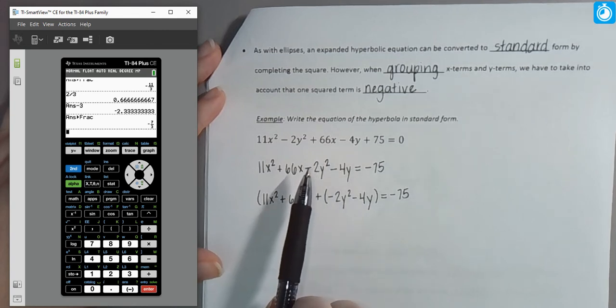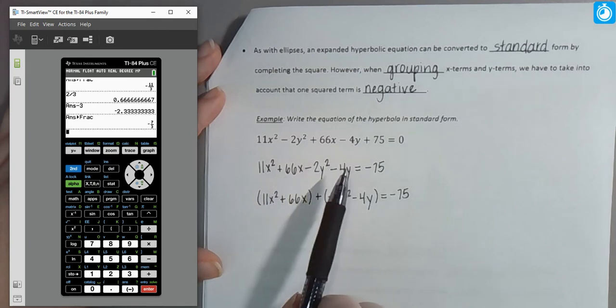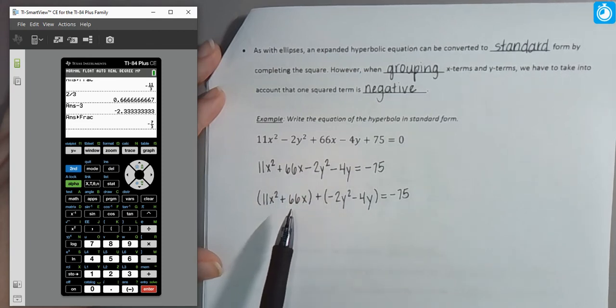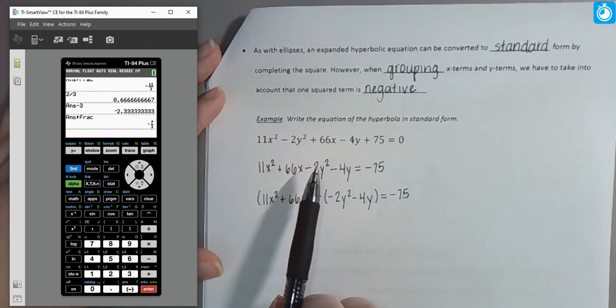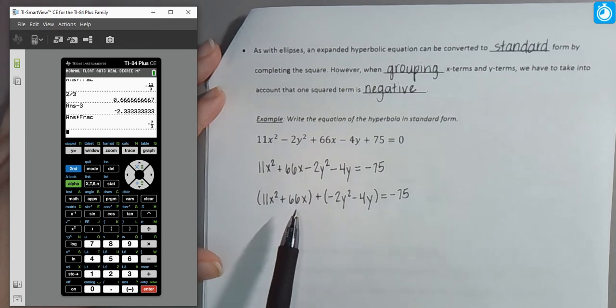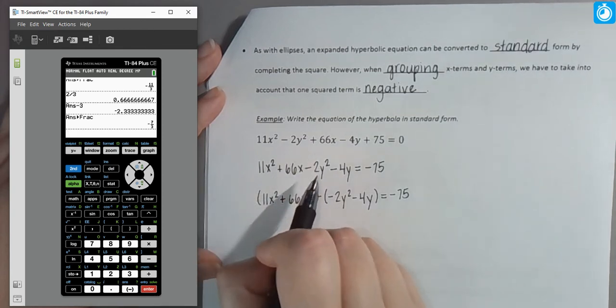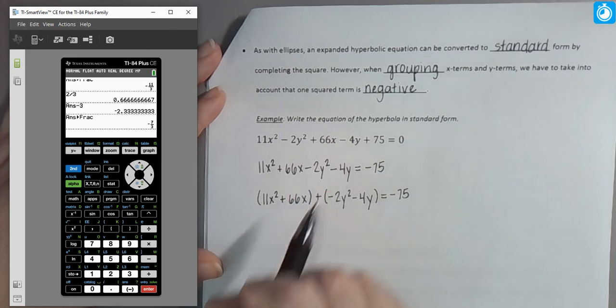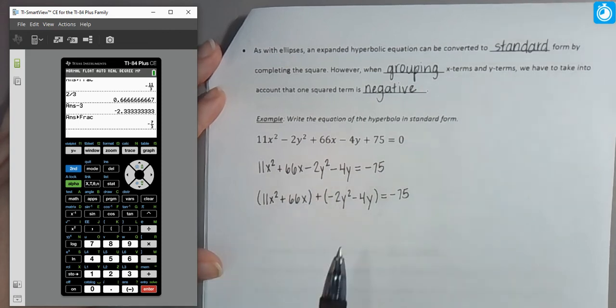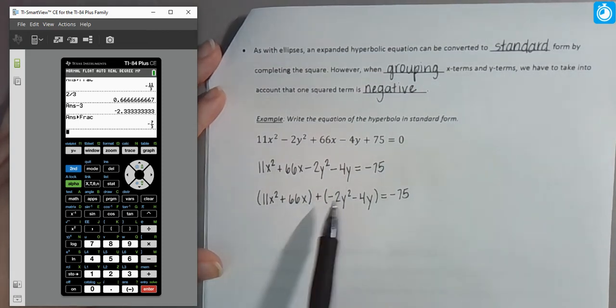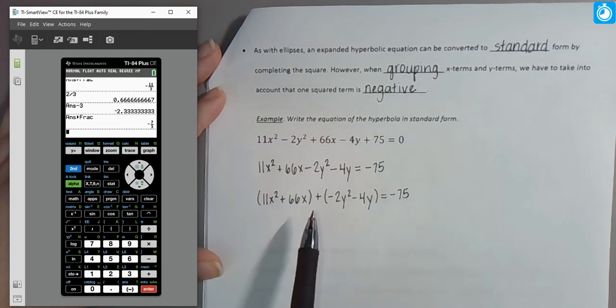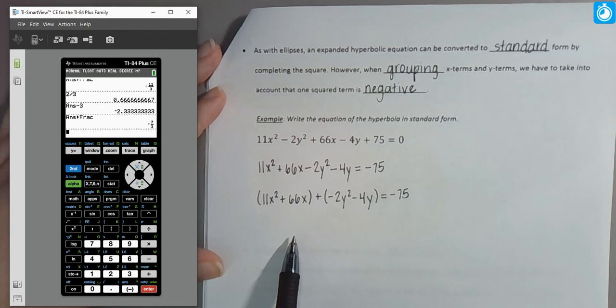Essentially, by leaving the negative out, we've factored out a negative from both of these two terms. We'd have to adjust those two signs to make them both positive to indicate that any negative out front is impacting both of those terms. So it's a lot safer just to group including the negative with the particular coefficient on that quadratic term. Because then when we factor, we can take care of the negative in that situation.